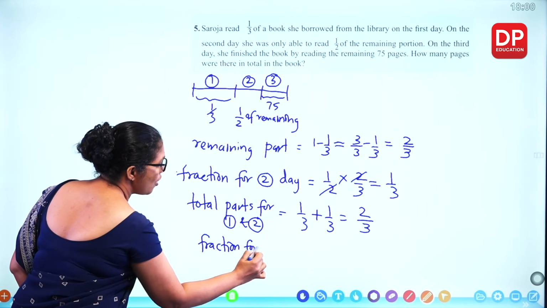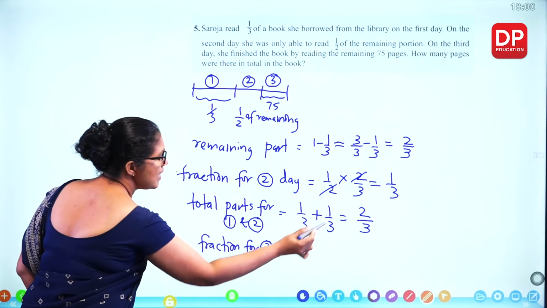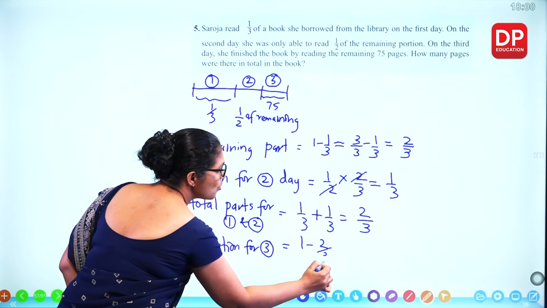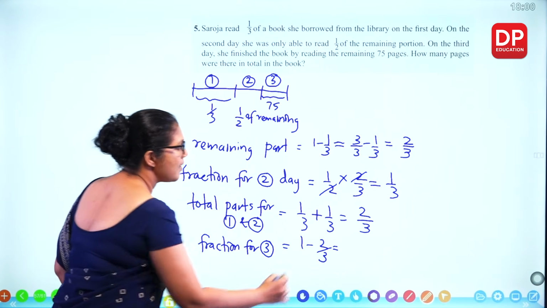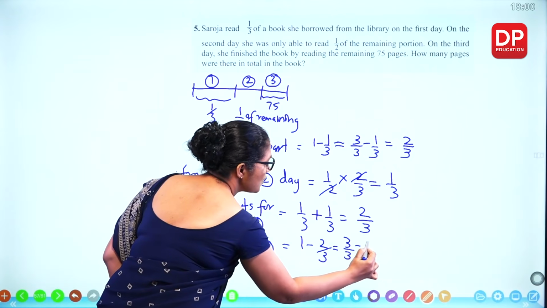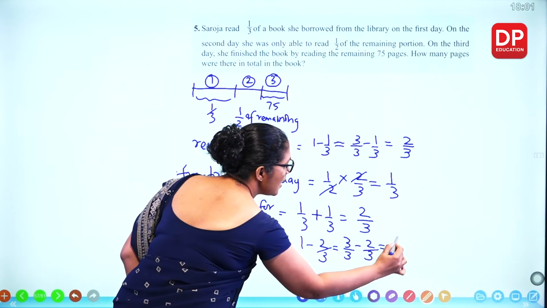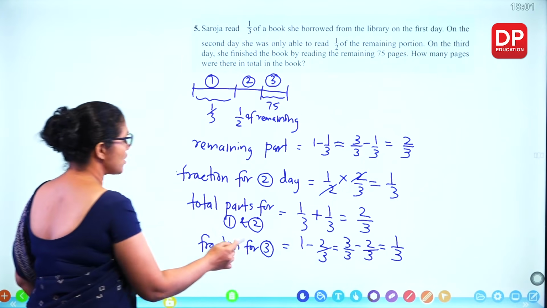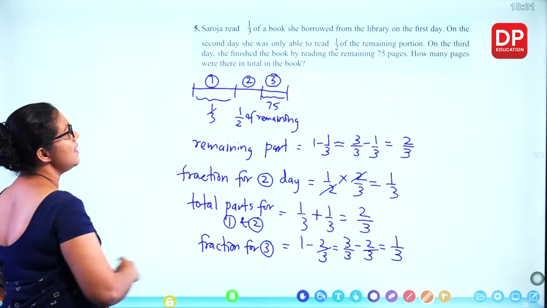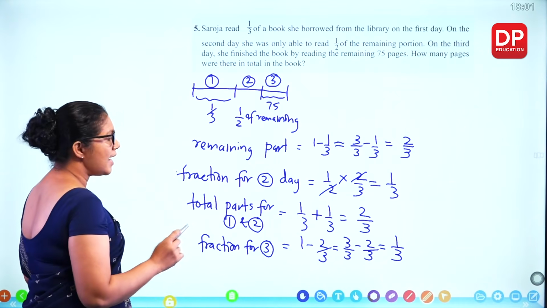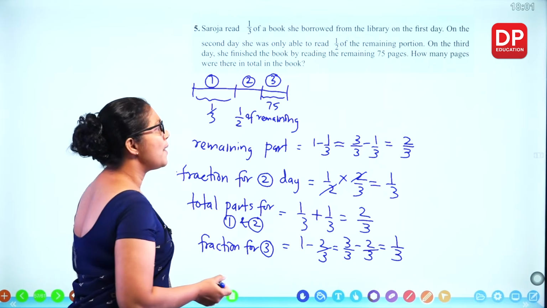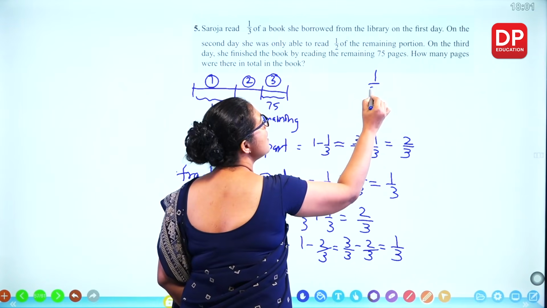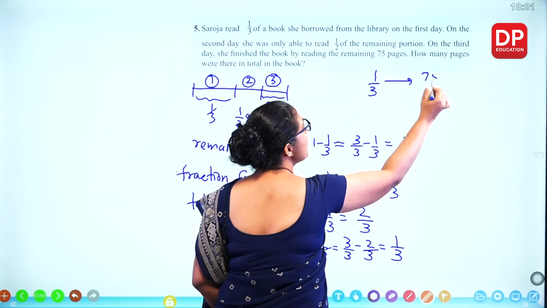Fraction for the third day. That means we subtract 2/3 out of 1. You can rewrite as 3/3 minus 2/3. It becomes 1/3. So 1/3 is the fraction on the third day. We know that it's 75 pages. So 1/3 represents 75 pages.